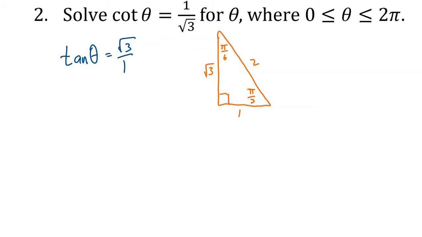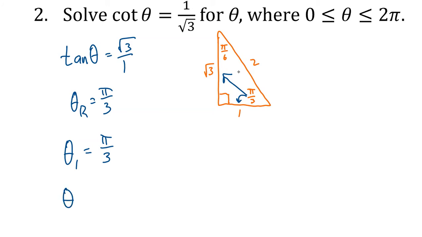Okay, and then tan from SOHCAHTOA is opposite over adjacent. Root 3 is opposite of pi by 3, so theta related is pi by 3. It's positive, so that's quadrant 1, which is just the related angle. And quadrant 3, as we saw from the CAST rule before.